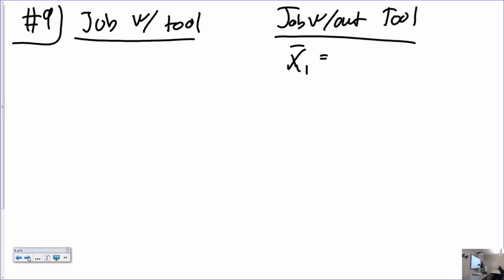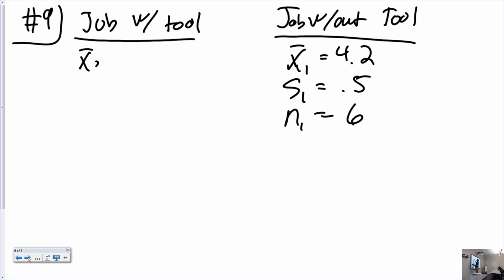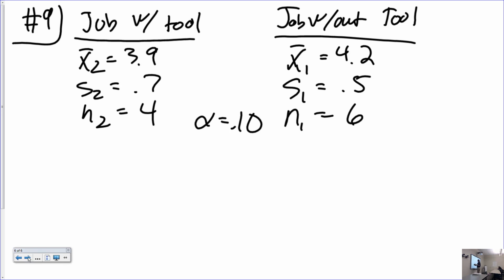It'll just be easier. X bar 1 is 4.2. S1 is 0.5. N1 is 6. Gary doesn't work very much apparently. Freelance. After he purchased the tool, he looks and sees 3.9. S2 is 0.7. And his N2 is all of 4 jobs. And we wanted to look at alpha equals 0.10.